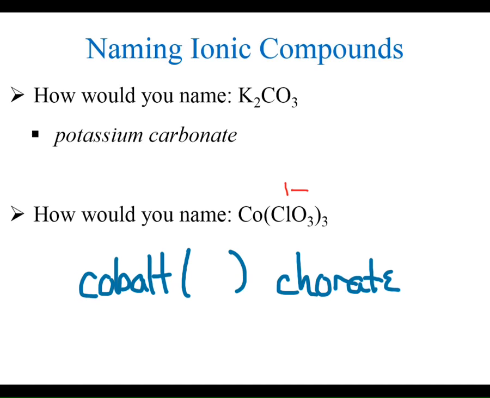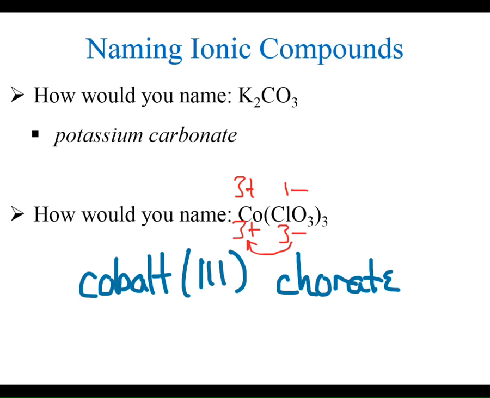So I have 3 of these 1 negatives, a total of 3 negative. So if all of the anions are 3 negative, all of the cations must be what? 3 positive. But I only have 1 cobalt, so that 1 cobalt must be 3 positive. So I would write cobalt what?